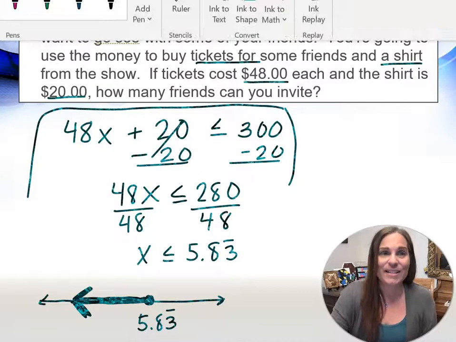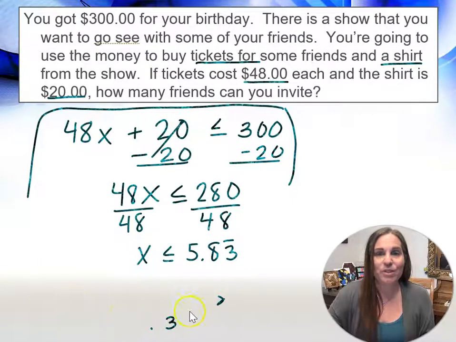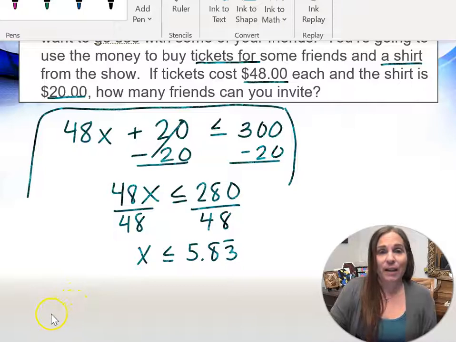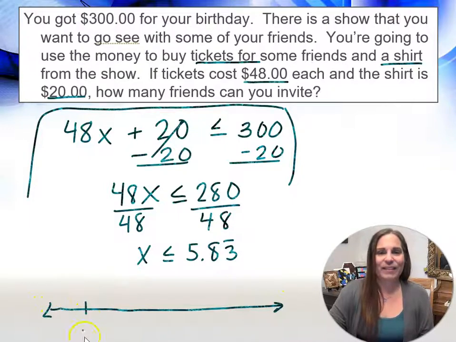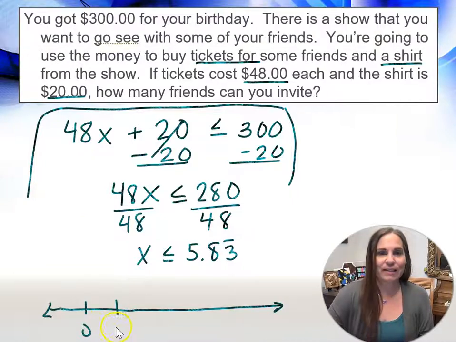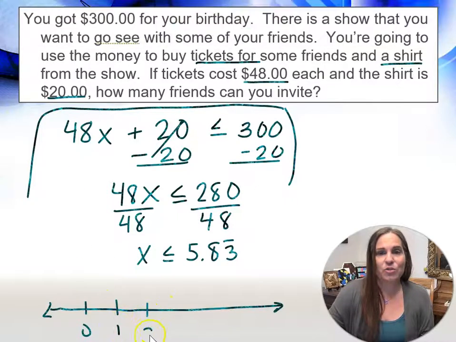But this is a real world situation. So since it's a real world situation, my graph of solution points would look a little different. If I have to keep my number of friends under 5.83, that means, oops, hold on, let me go back. Let me erase that. All right, that means that all of these numbers would be included in my solution.